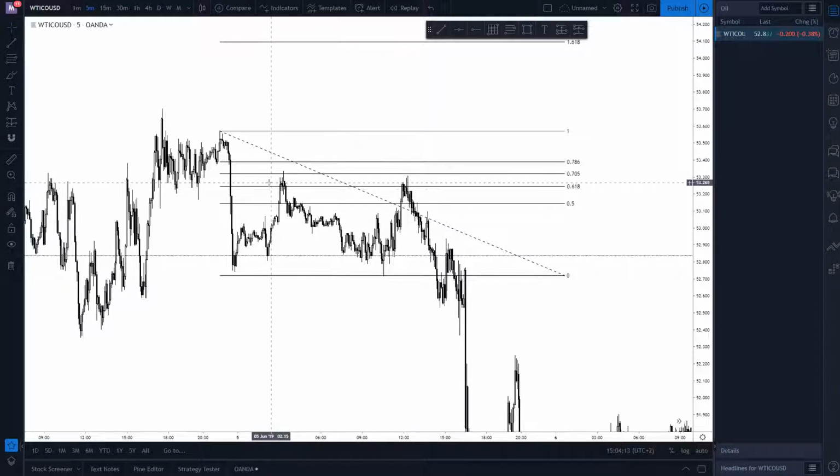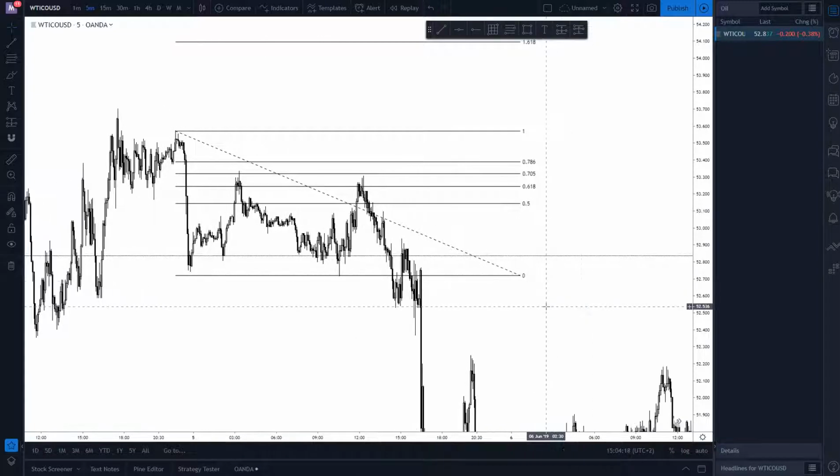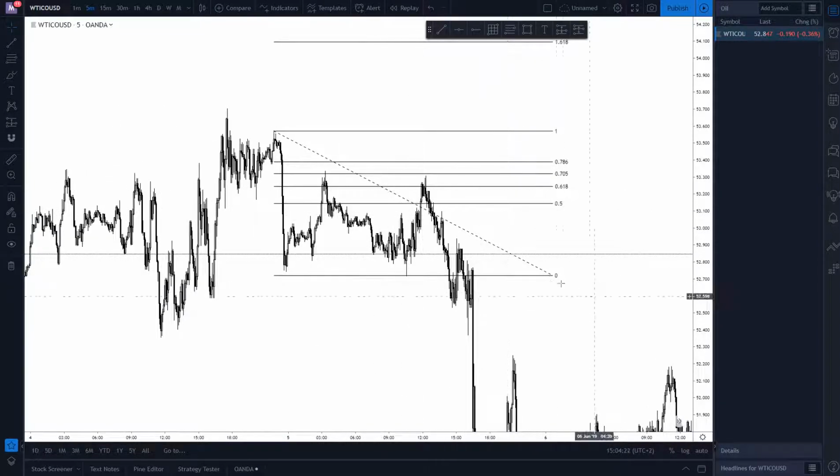There is really no magic behind this, and whatever very crazy explanation you hear about manipulation or anything like this, it's just because these levels generally are watched a lot.